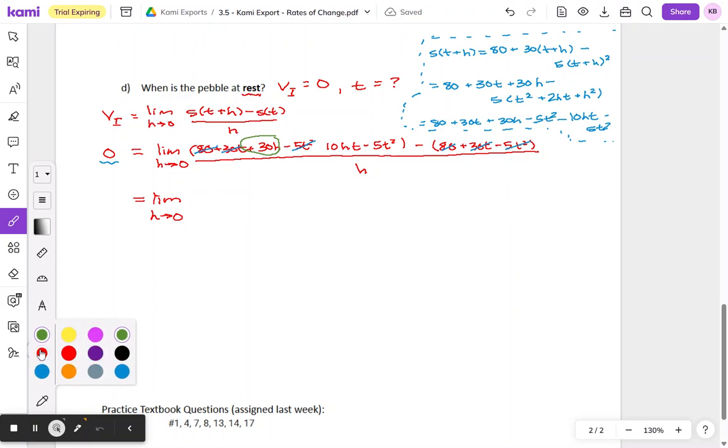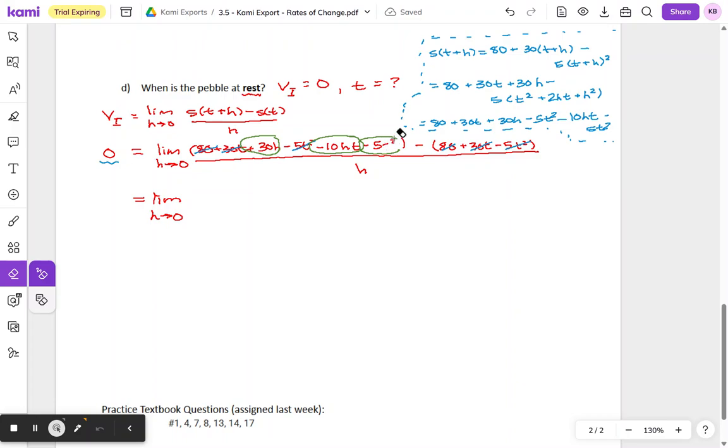So minus 10ht, and then we obviously have our minus h squared. Oh my goodness, where's my brain? You guys probably saw these mistakes a mile away.